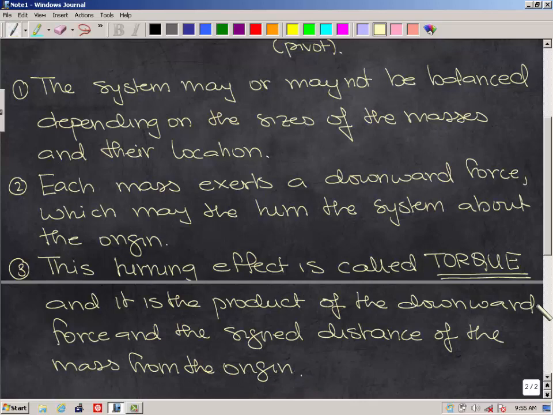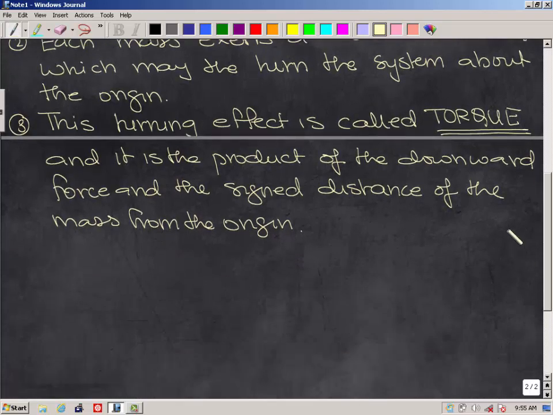So whenever the system rotates, the effect is called torque, and it is the product of the downward force times the signed distance of the mass from the origin.